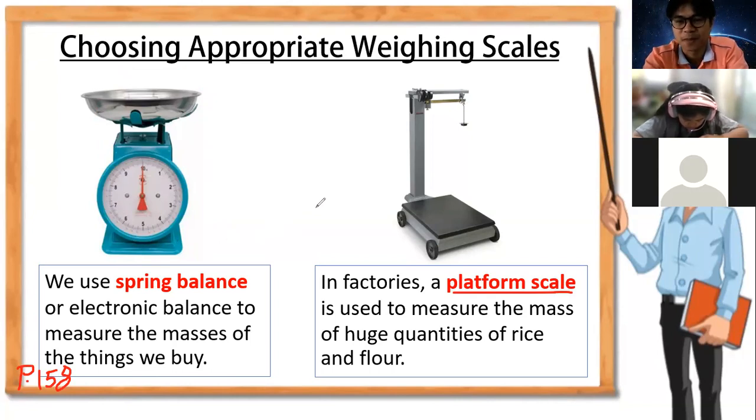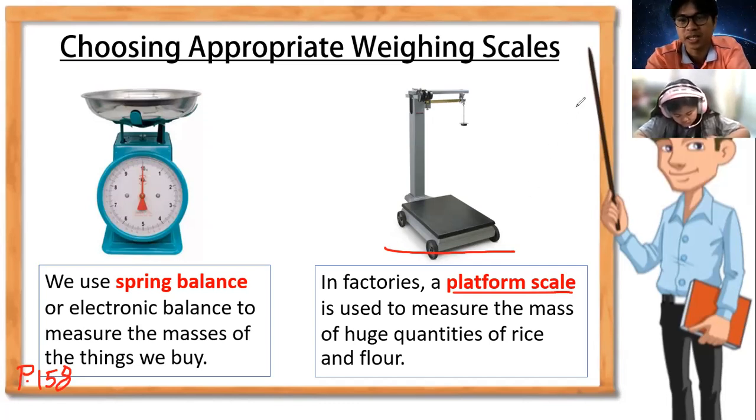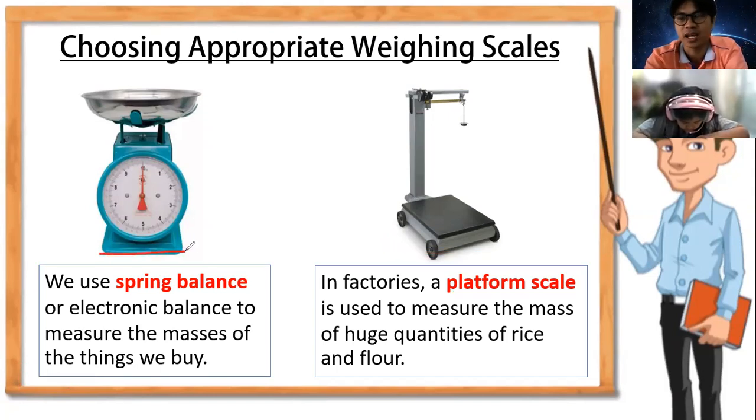But huge quantities of rice and flour, heavy objects, we use this one. In factories, they use this platform scale. This is the appropriate weighing scale to use in factories. And this one is also the appropriate weighing scale to use in the market or in the store.